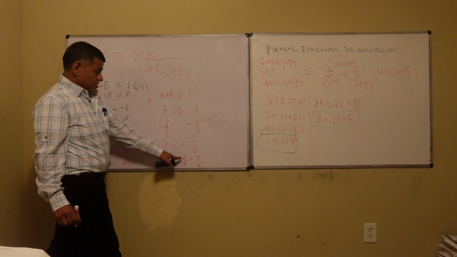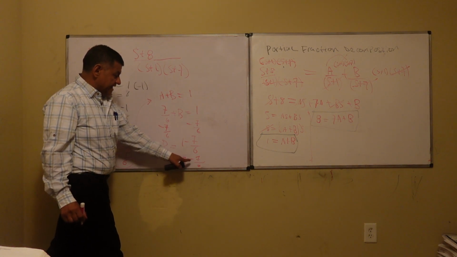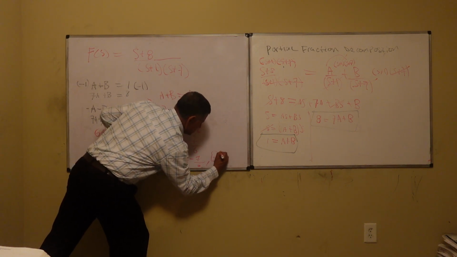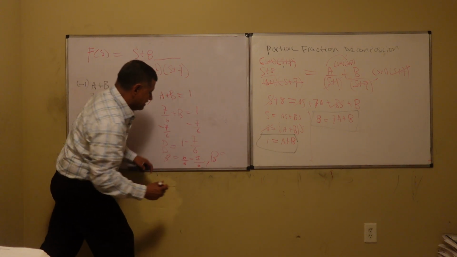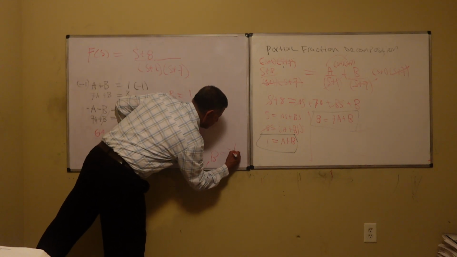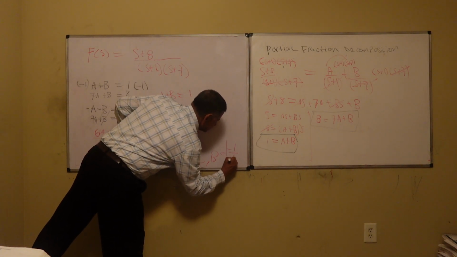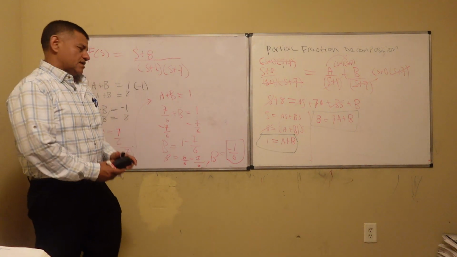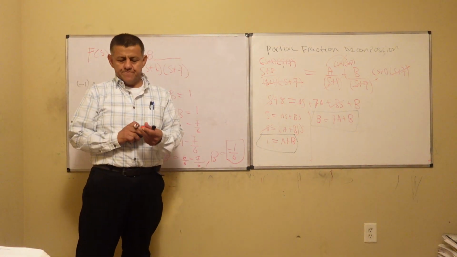So now, adding those two, b is equal to negative 1 over 6. That's b. b is negative 1 over 6.